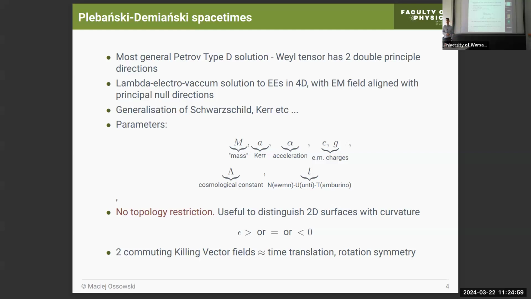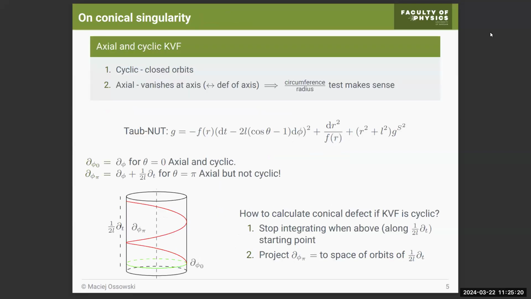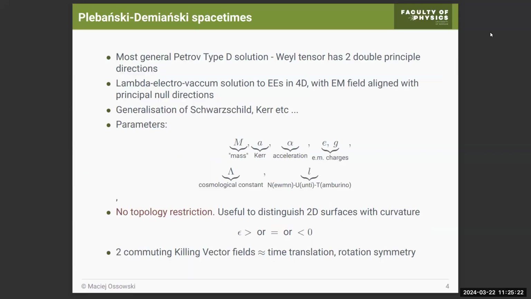But do they have an interpretation as a section of the horizon? For example, yes. And this zero curvature and negative curvature are of course important for the purpose of embedding the horizons with higher genus.